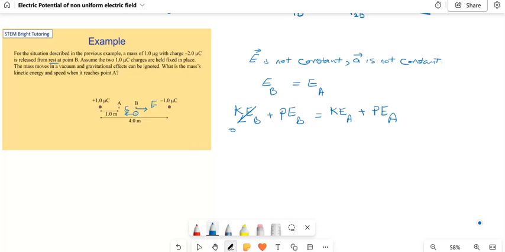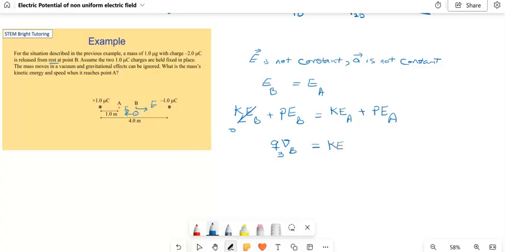of this charged particle at this point from the multiplication of the charge Q3 and the voltage at this point, which is VB.